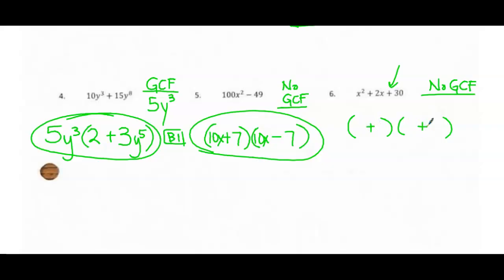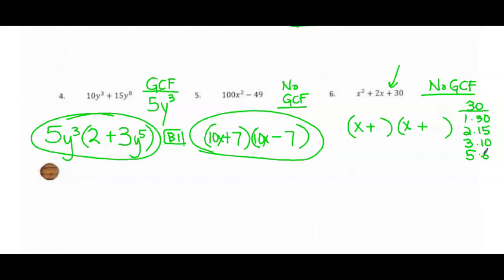The only thing to get x squared is x and x. I need factors of 30 to get a 2. Off the top of my head, I can't think of them, so I'm going to write them down. 1 times 30, no. 2 times 15, no. 3 times 10, I can't do anything with those factors to get a 2. 5 times 6, and I've run into a problem.